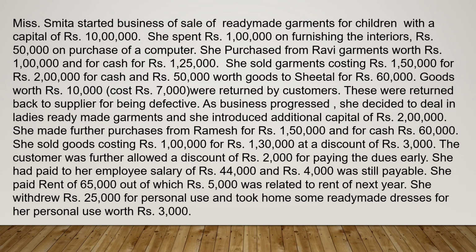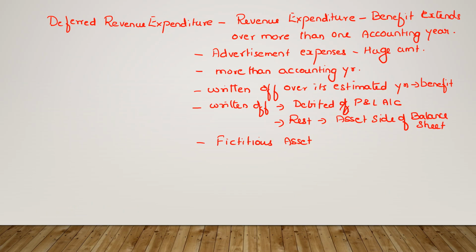In our given example, we saw that Smita paid her employee a salary of 44,000 and 4,000 was still payable. So she has paid in cash 44,000 and she is supposed to pay 4,000 more to that employee, but as at the end of the accounting year it is still not paid. So this 4,000 rupees is the outstanding expense that we are talking about.